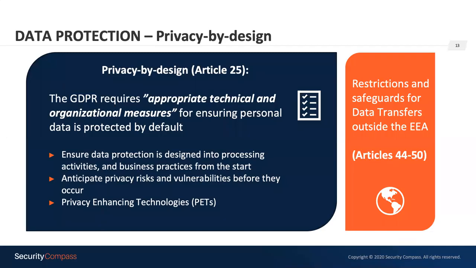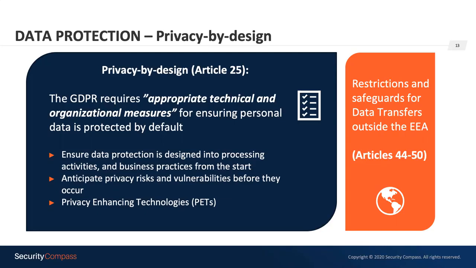And the final element of GDPR that we'll talk about today is privacy by design, or data protection. Privacy by design is enshrined in the GDPR under Article 25 and requires appropriate technical and organizational measures for ensuring that personal data is protected by default.